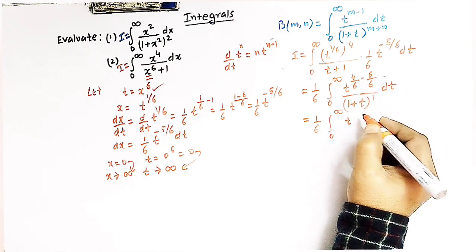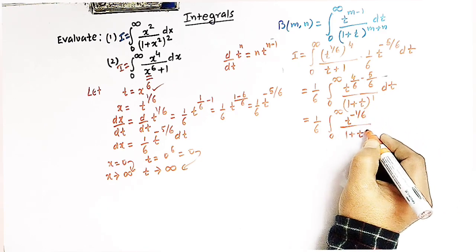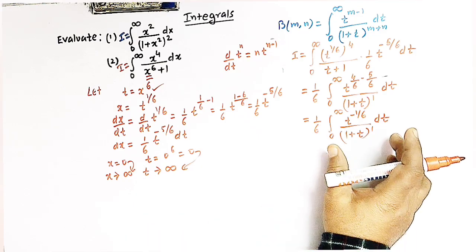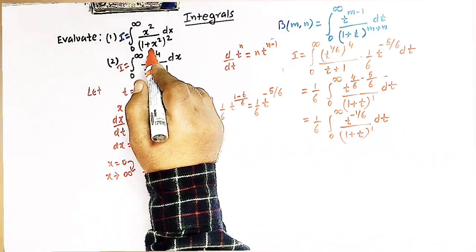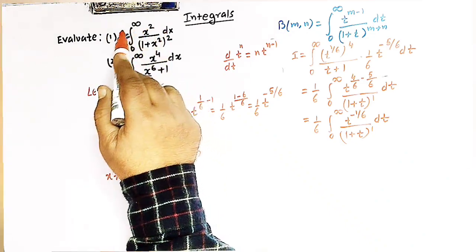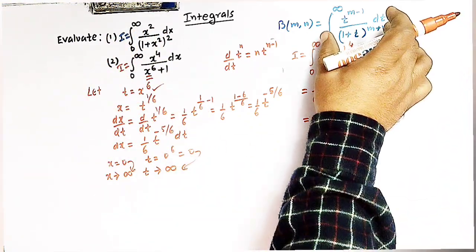So we have t raised to minus 1 over 6, and here we have 1 plus t raised to 1 and dt, right? So following the same steps which we have done in evaluating the first integral, let us compare this integral with this one.